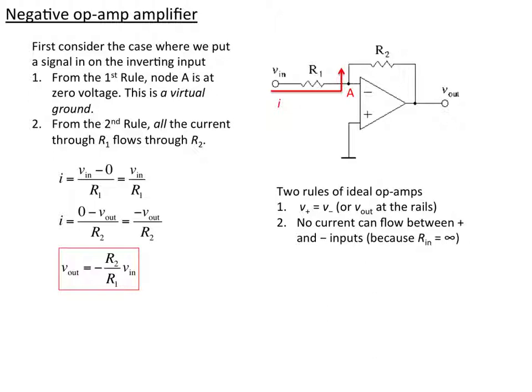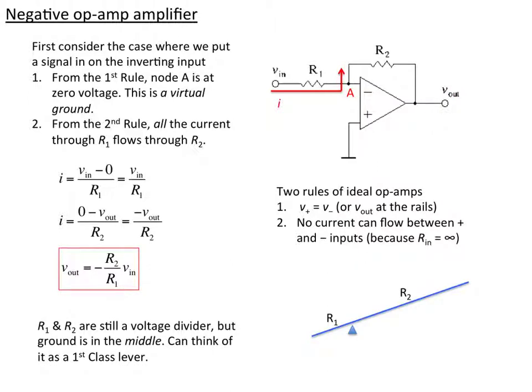And again, that's just because we flow down to 0, then we keep going down past 0. That's the negative sign, and the relative sizes of R1 and R2 make this bigger than that, smaller. So we can actually think of this as a voltage divider, right? A is in the middle of V in and V out. It's just that with the op-amp, we fix A to be at 0 voltage.